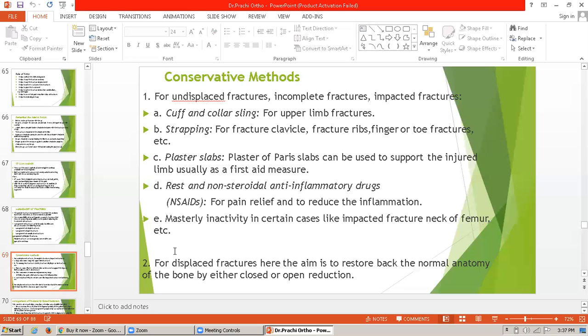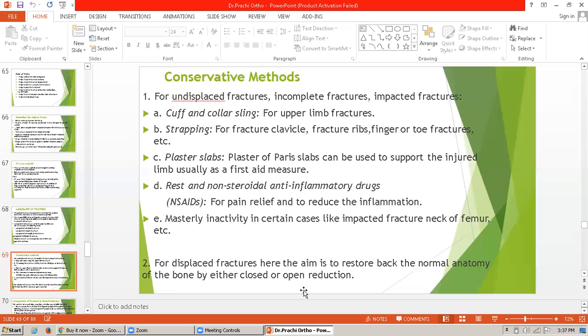So when there is a displaced fracture, the aim is to restore back the normal anatomy of the bone by either closed or open reduction. When displacement is seen, restoring the normal anatomy of the bone is done by closed reduction or by open reduction.